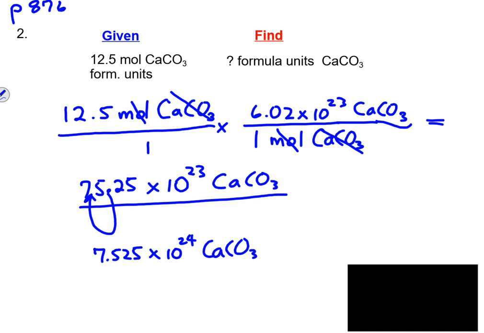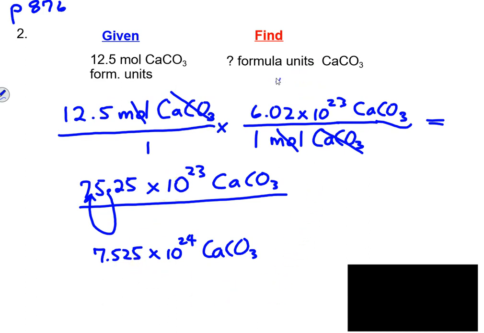Now let's work on the sig figs just for practice. The sig figs that you see right now are handled here and here. How many sig figs in each place? 3. So we can only have 3 in our answer.